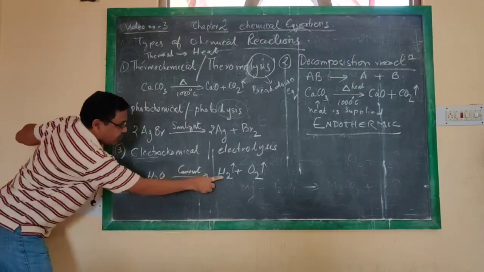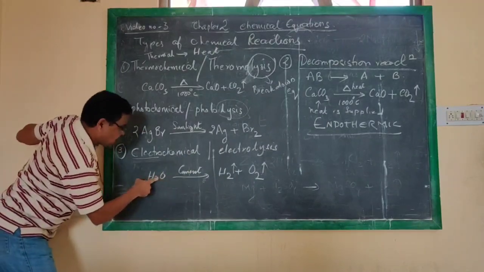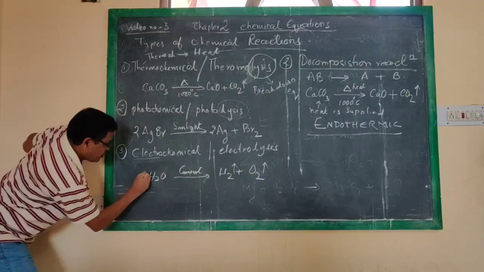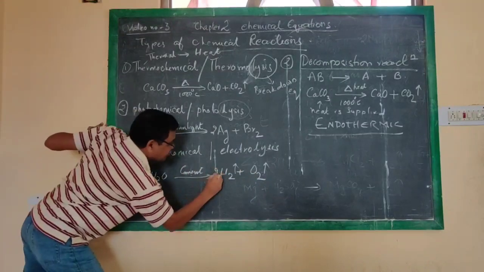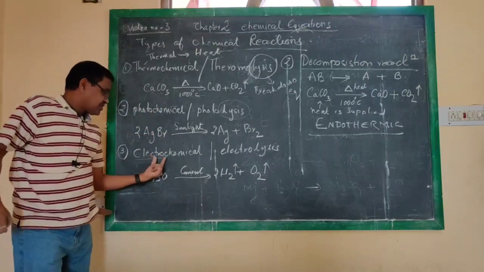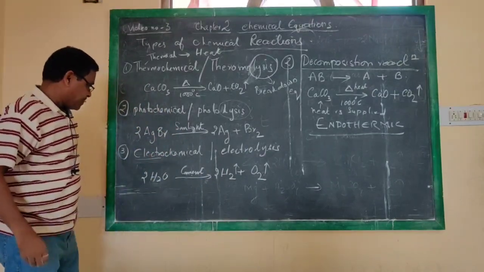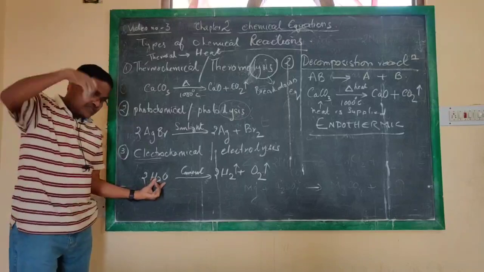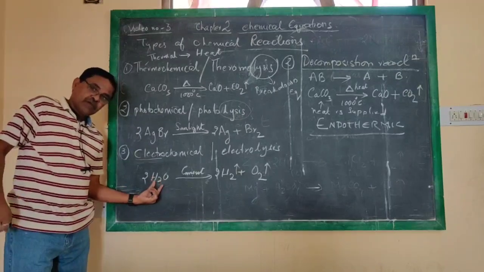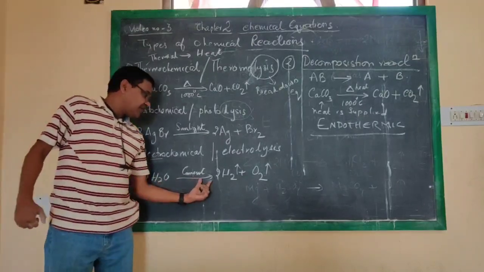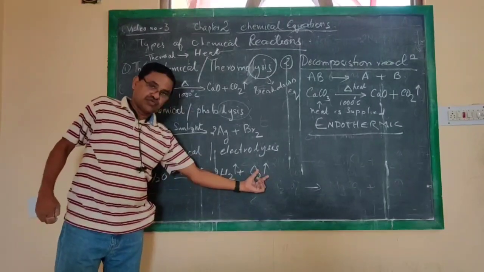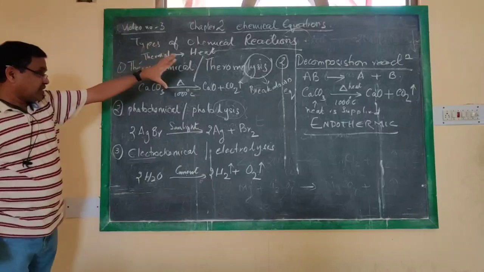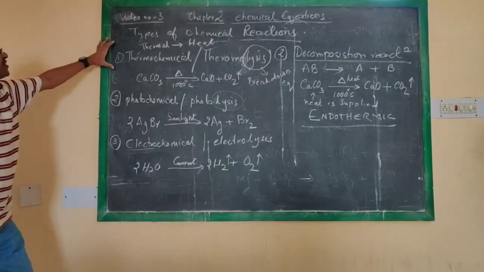Now here H2 is balanced, O2 has only 2, so we have to put 2 here, so it becomes 4 atoms of hydrogen, and here we have 2. So this is an electrochemical reaction where, when we pass electric current to water, this water will decompose into gases, that is hydrogen and oxygen. So these are a few examples of decomposition reaction.